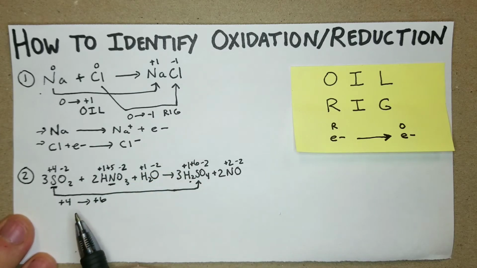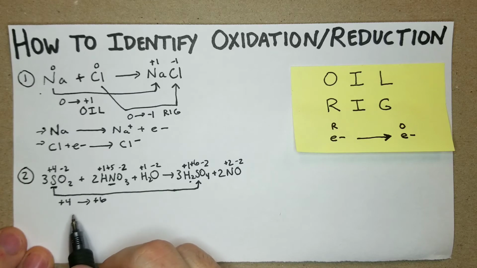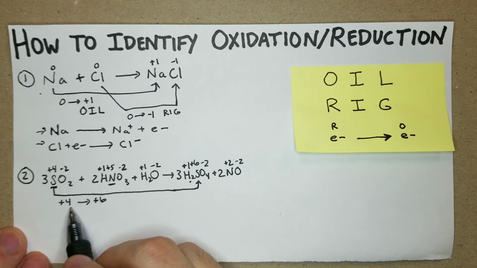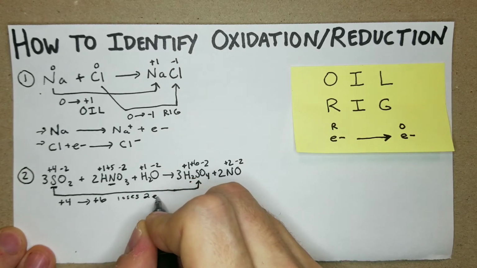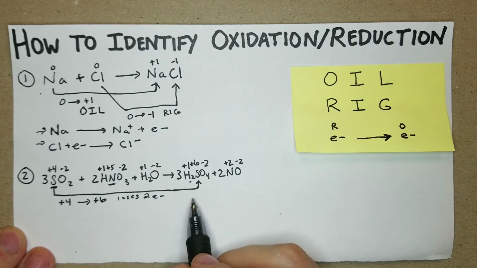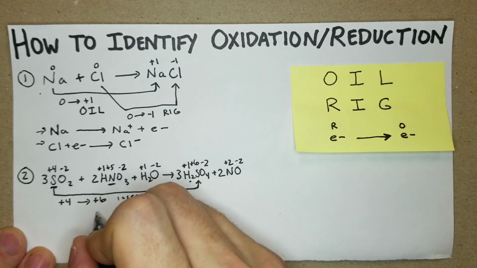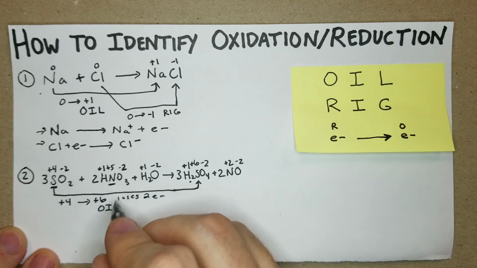So now let's think of the charges again. +4 to +6, we are increasing the charge, which means that we must have lost 2 electrons. So if we lose 2 electrons, oxidation is losing. Sulfur is oxidized.